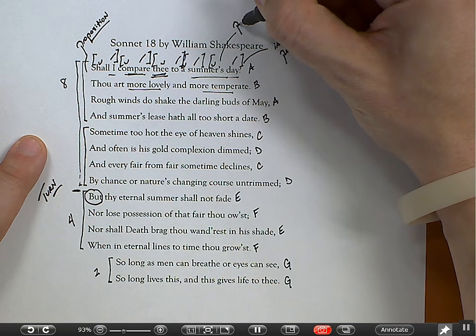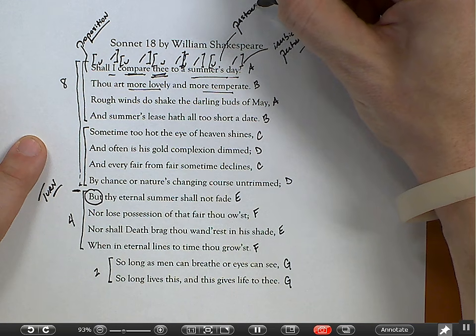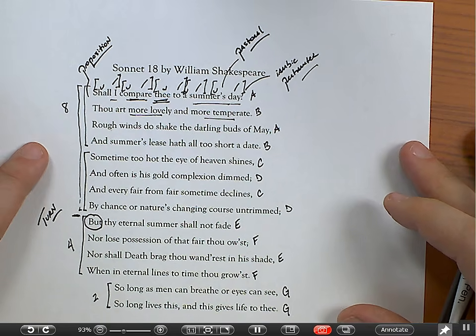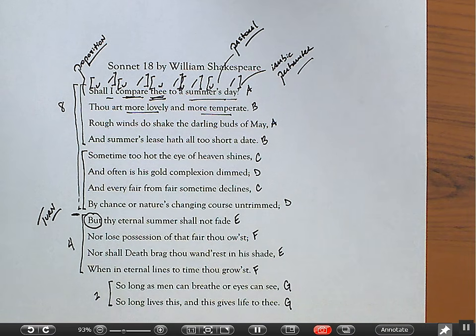And this reminds us of pastoral poetry, such as Marlowe uses to great effect in The Passionate Shepherd, and Robert Herrick uses in To the Virgins to Make Much of Time.